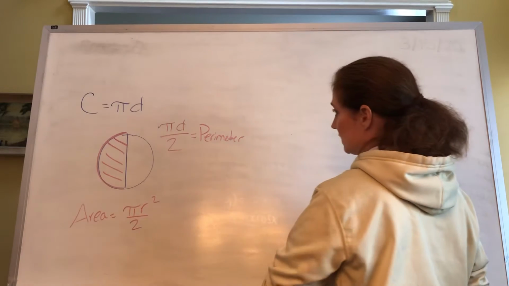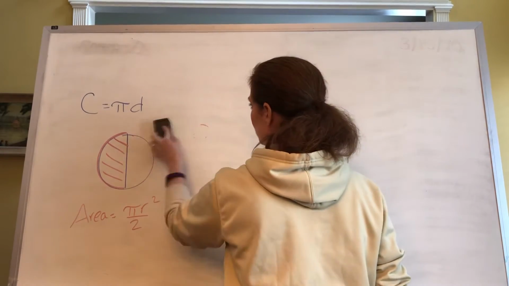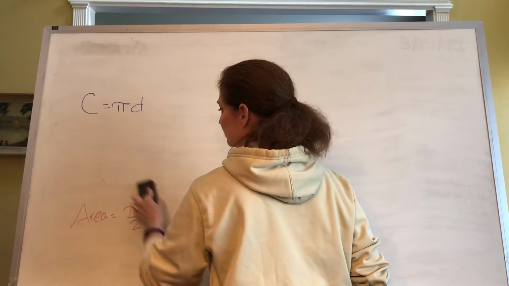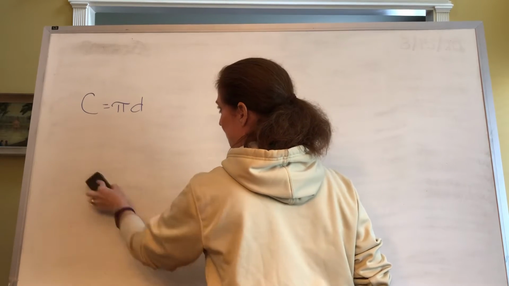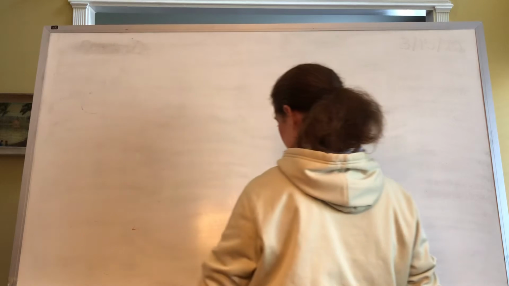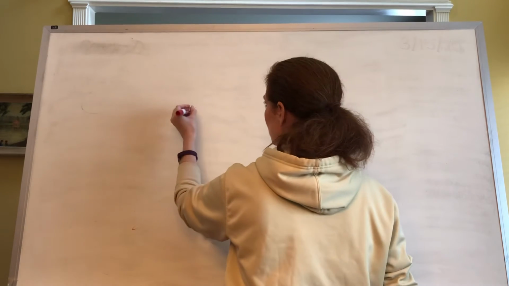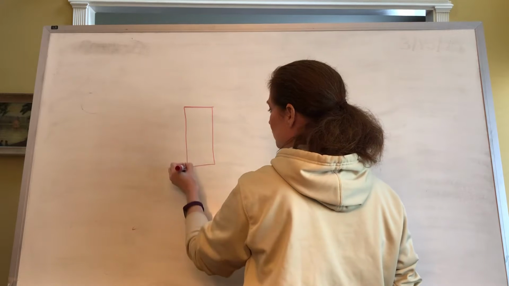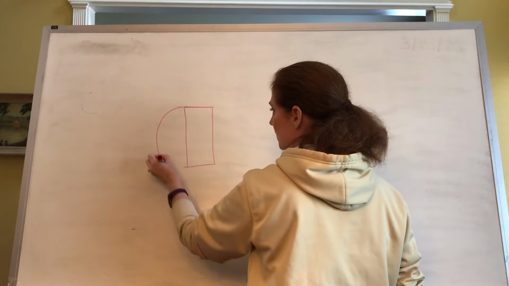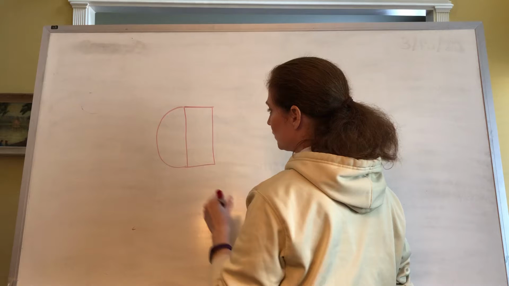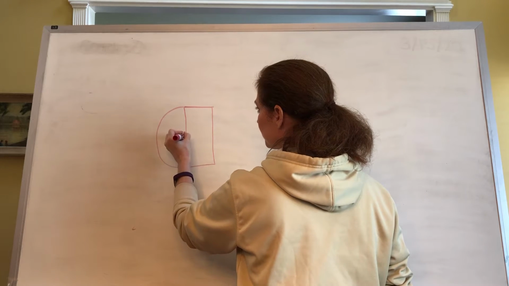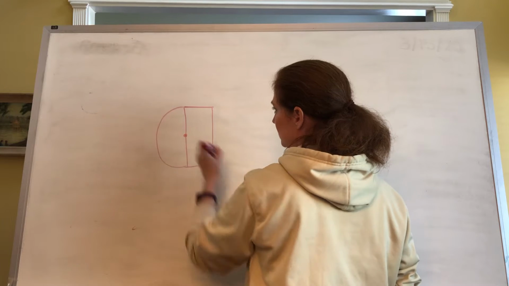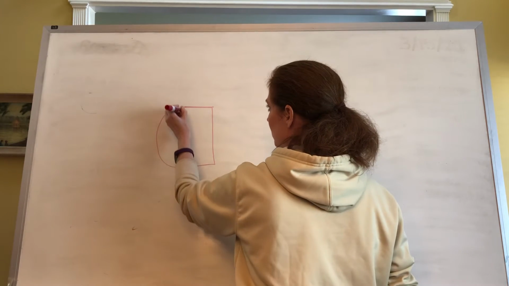If we had a problem where we have basically this rectangle piece and then the circle, and so this is my radius going from here to here.